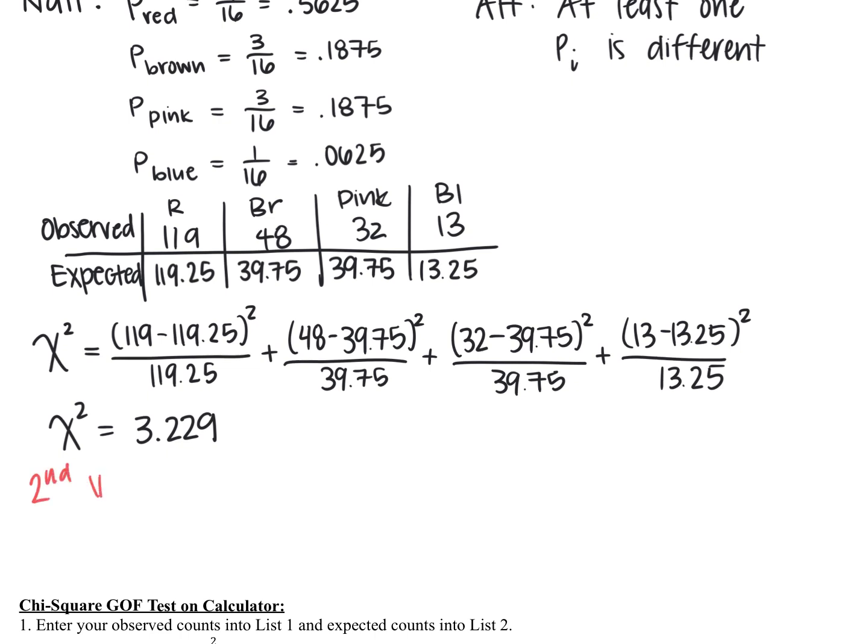Now to calculate our p-value, we are going to go to second vars, and then you want to go to 8, which is our chi-square CDF. So you'll do lower and upper bound just like we've done before. So our lower bound is going to be 3.229. Our upper bound is going to be 1E99.